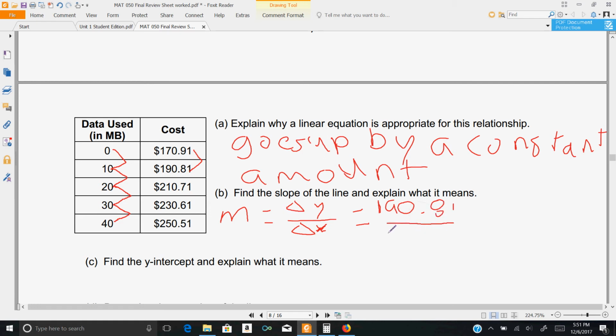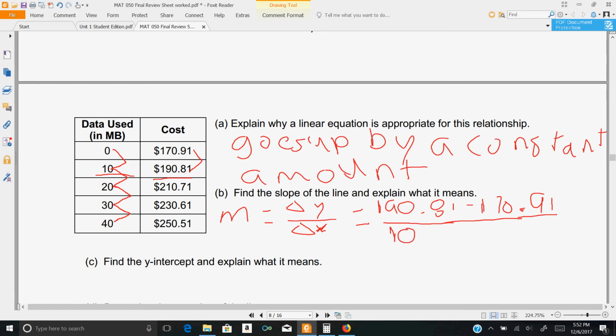I need to subtract 170.91. I'm going to divide that by the change in x. Where I took 190.81 as the first y, I have to take 10 as the first x.